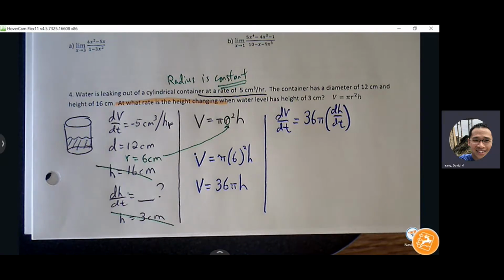Now just replace dV/dt with -5 and then solve for dh/dt. Again, careful that pi is going to land in the denominator.